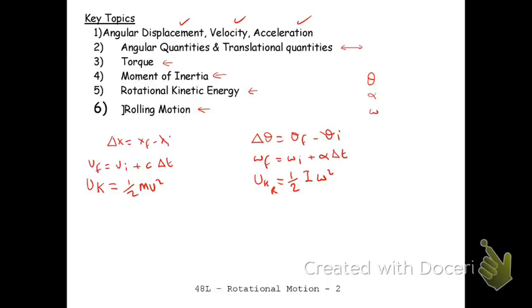And I think the best way of doing this entire next section is to do conversions. So I know that x is like theta, v is like omega, and a is like alpha. And then I know, for example, that F is going to be like torque, tau. I know m is like I. I know that KE trans is like KE rot.